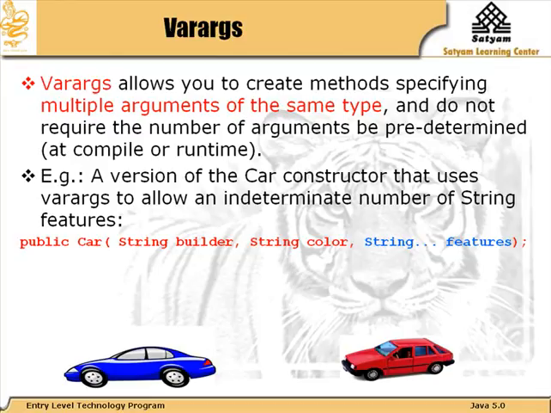A version of the car constructor that uses Varargs to allow an indeterminate number of string features. The one highlighted in blue is the syntax for creating Varargs. The type followed by 3 dots is used as the syntax to create a Varargs.